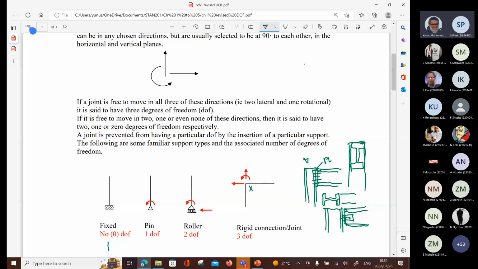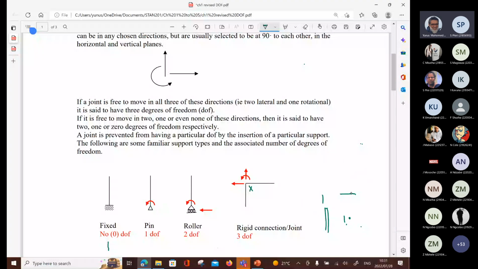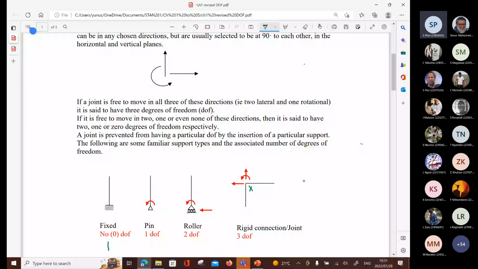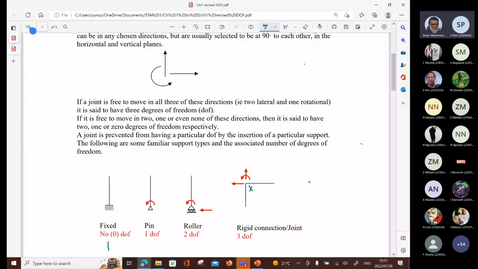There's no support there. So three things can happen. As I showed you, it sways in one direction like that, because you put in a force there perhaps. You can see that this thing has moved a certain amount horizontally.